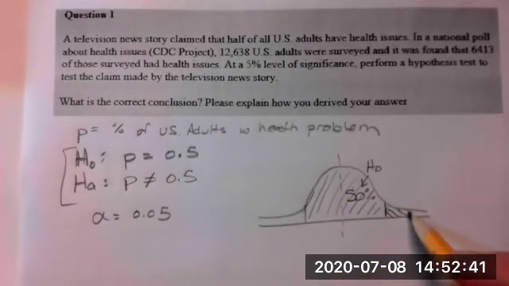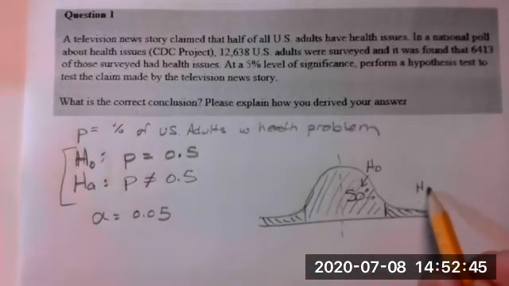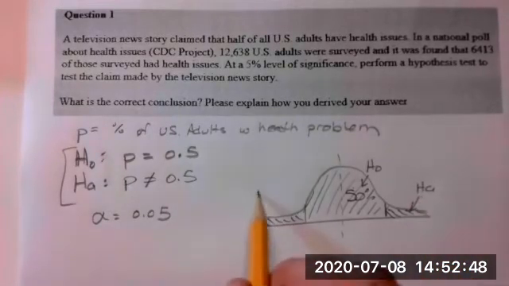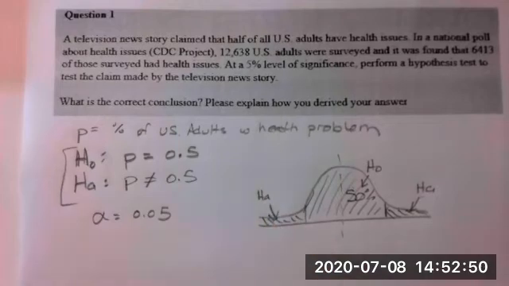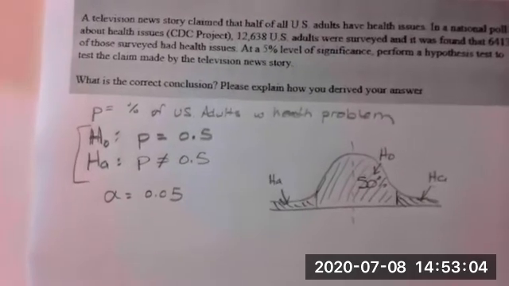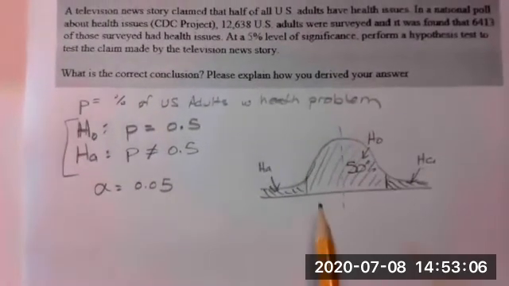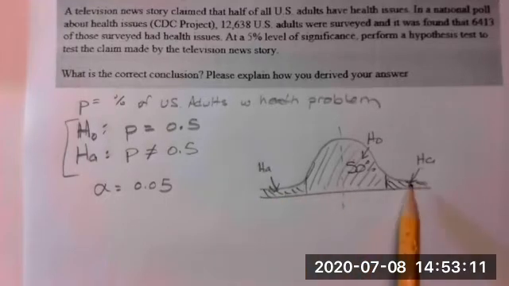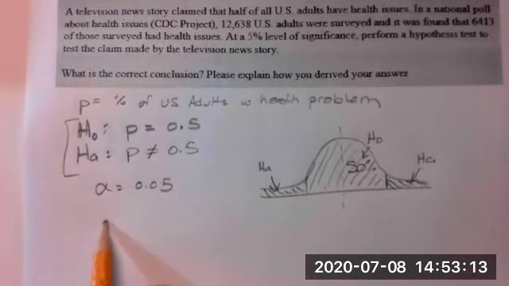And then HA is out here, on both sides, so the total of those two also has to be 50%. So, here's what we want to do. We want to find the p-value. We're going to do a two-tail probability test on this, because it's either half or it's not half, so it's going to be on either side.